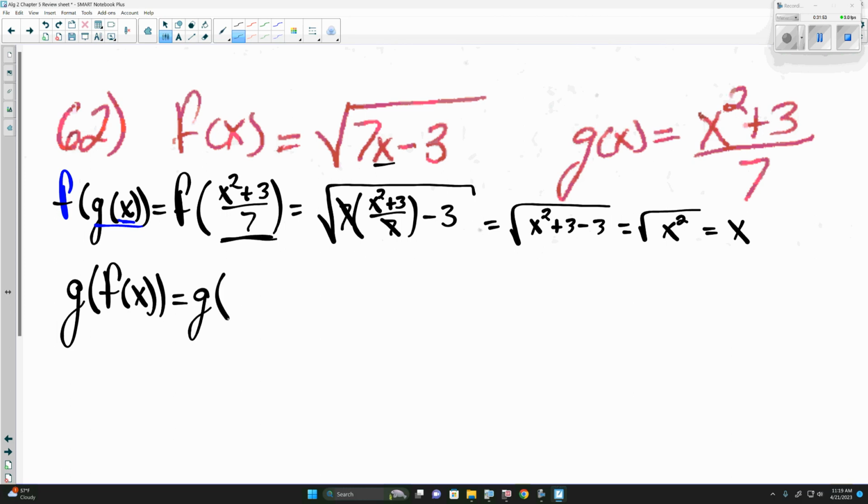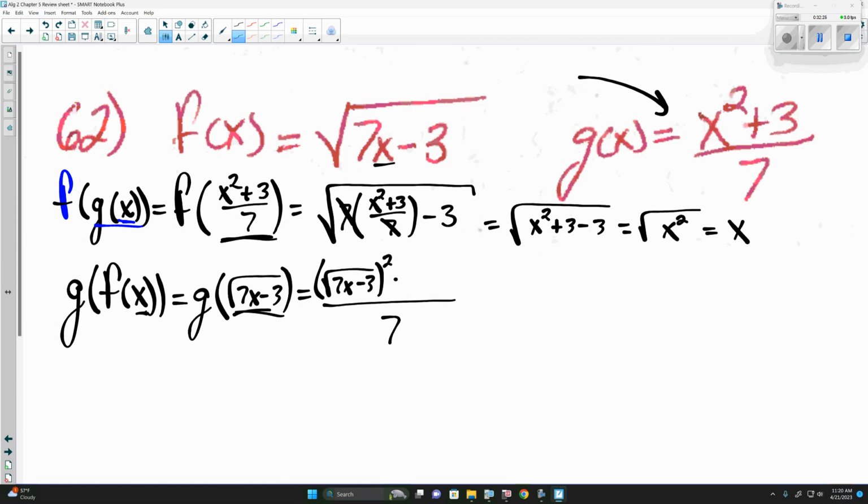Now, it'll be good to go on and do g of f of x, do the other one just to make sure. So this time we're plugging x into f of x, which gives us the square root of 7x minus 3. So we have g of the square root of 7x minus 3. Now this time we're going to plug this radical into every x in g of x. So we'll have our fraction over 7, parentheses, square root of 7x minus 3 squared plus 3.